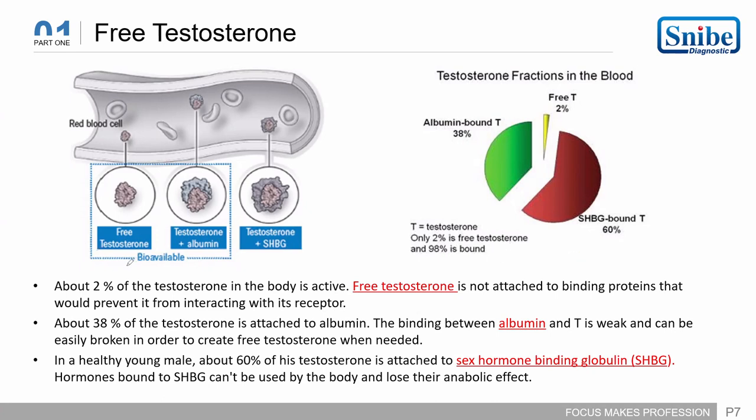So the bioavailable values are the free testosterone and the testosterone bound to albumin, while the testosterone plus SHBG is called the total testosterone level, and they are circulating in the bloodstream of the person.